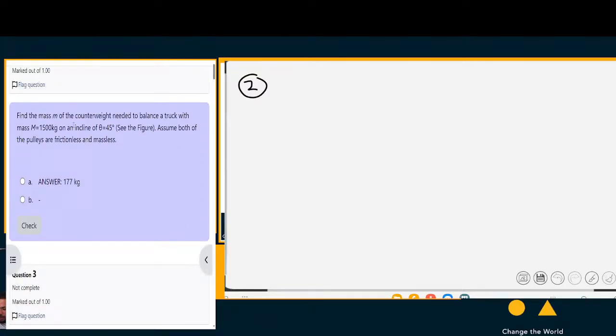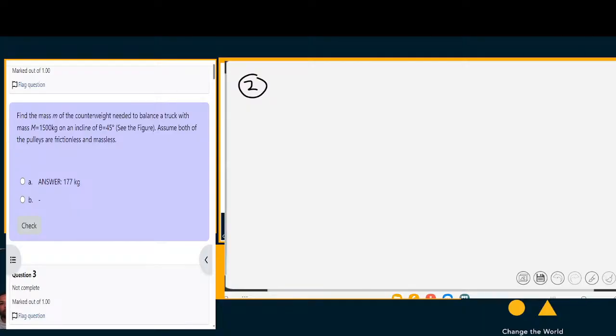Find the mass of a counterweight. I want to show you this problem. There's a picture. I just want to enlarge it, and then maybe show you what I am seeing here.